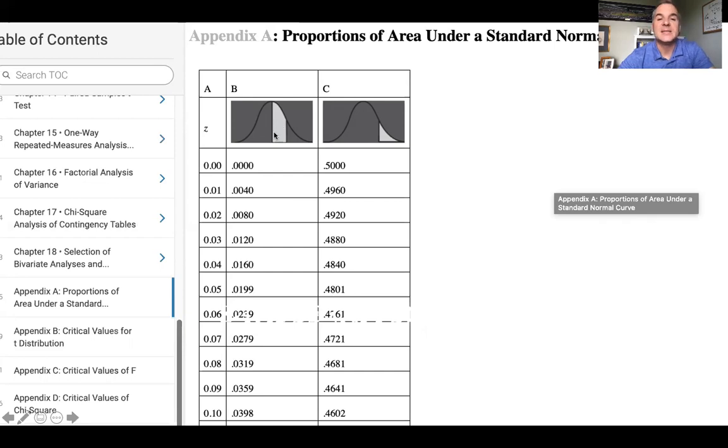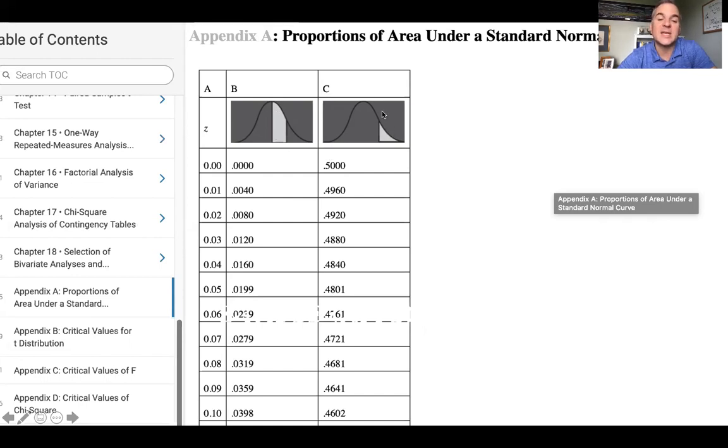Column B tells us the percentage of values that are between z and the median. And remember, in the normal distribution, the median, the mean, and the mode are all the same thing. But this is the percentage between the value of z and the median or the mean.